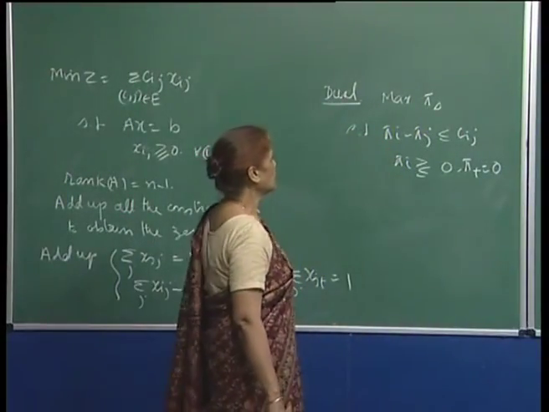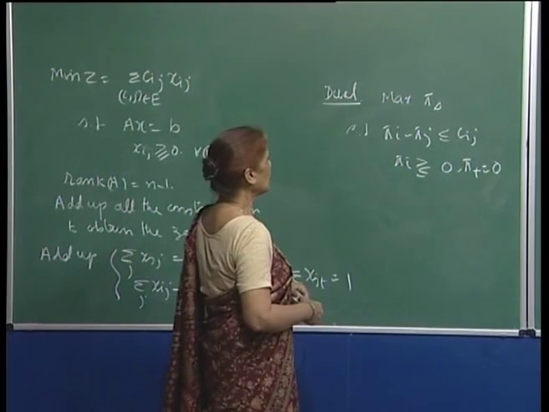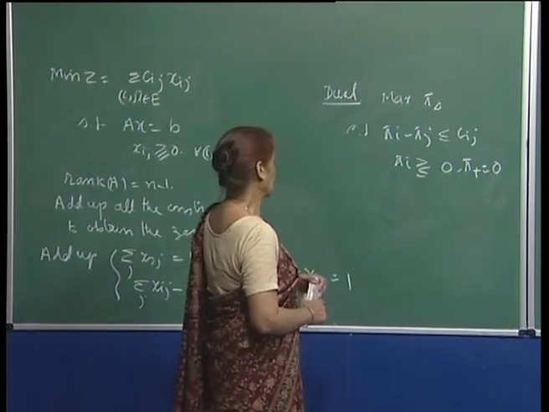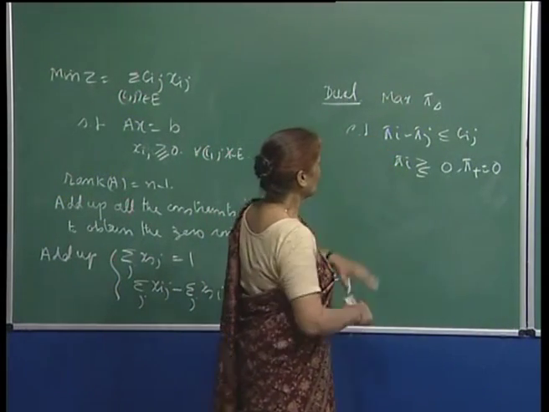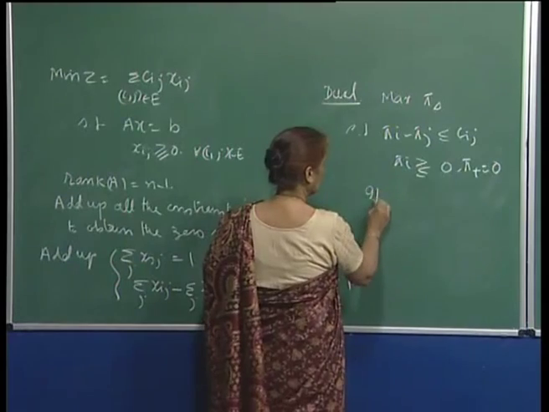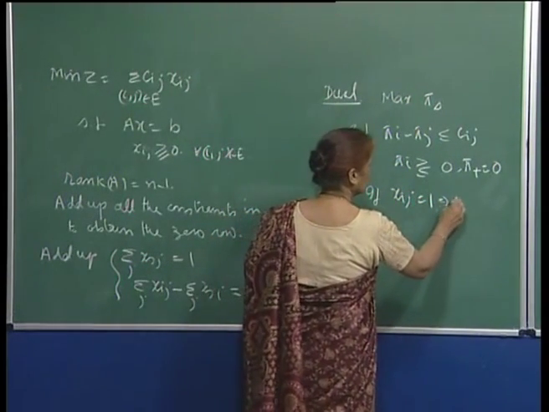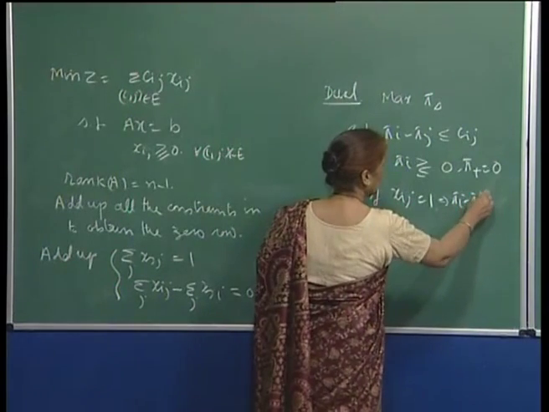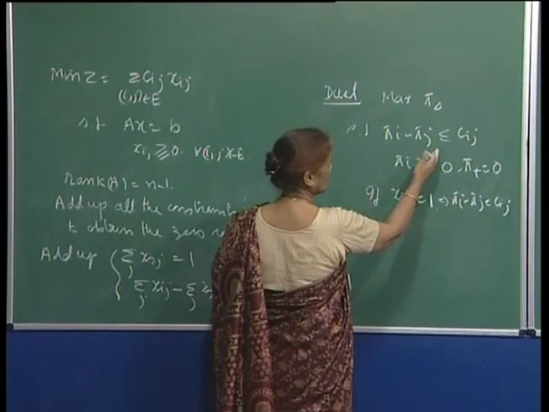You see it has a nice structure, and later on we will make use of this special structure. Now a quick interpretation of the complementary slackness conditions. It says that if x_ij is 1, that means it figures in the path, then pi_i minus pi_j is equal to c_ij, that is, the dual constraint will be satisfied as equality.